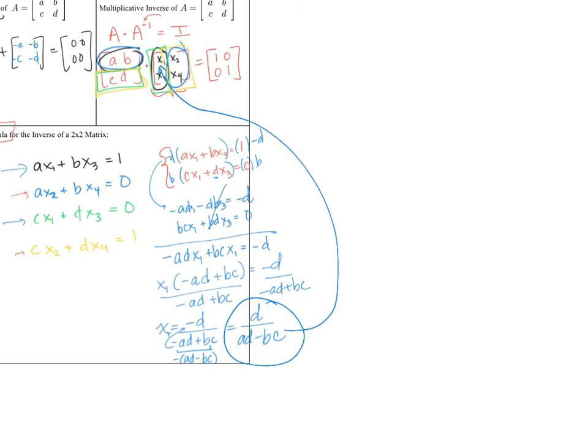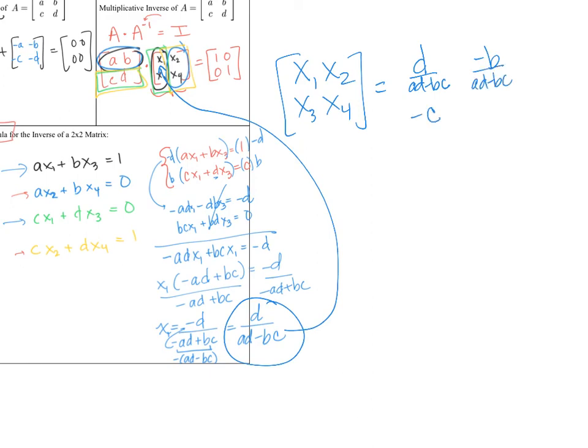Now if we do this similarly for x3, x2, and x4, we end up with x1, x2, x3, x4 being D over AD minus BC, which we already got, then negative B over AD minus BC, negative C over AD minus BC, and A over AD minus BC.